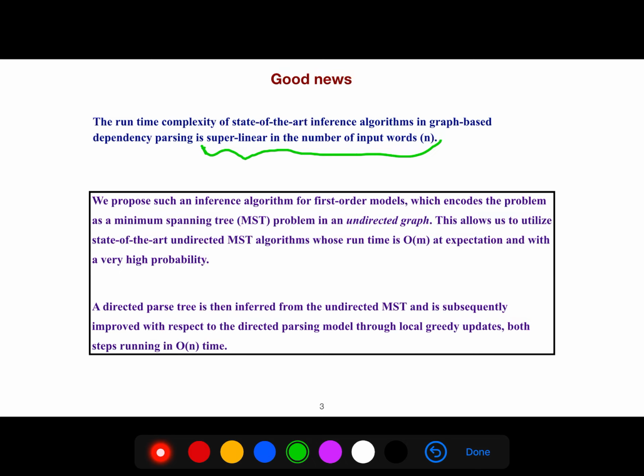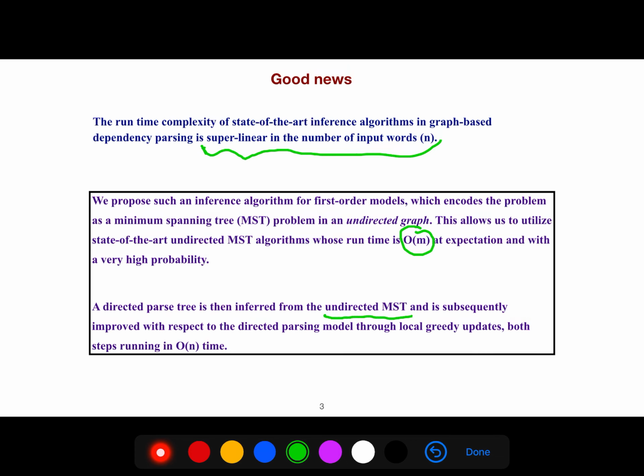We propose such an inference algorithm for first-order models which encodes the problem as a minimum spanning tree problem in an undirected graph. This allows us to utilize a state-of-the-art undirected minimum spanning tree algorithm whose runtime is just superlinear in expectation and with very high probability. A directed parse tree is then inferred from the undirected. So we are cheating.